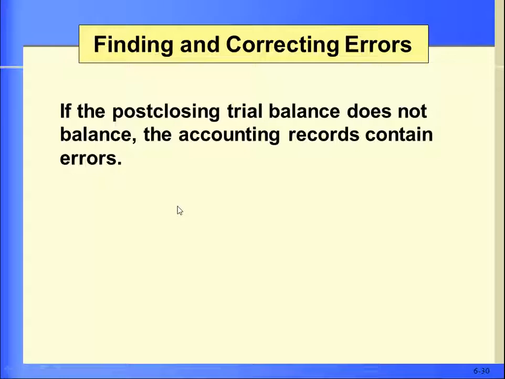I spoke about the audit trail a lot. If the post-closing trial balance does not balance, you have errors, so we can use the audit trail to help us locate these errors. Sometimes it's mathematical. If I have 691 and I put 961, it's divisible by 9.